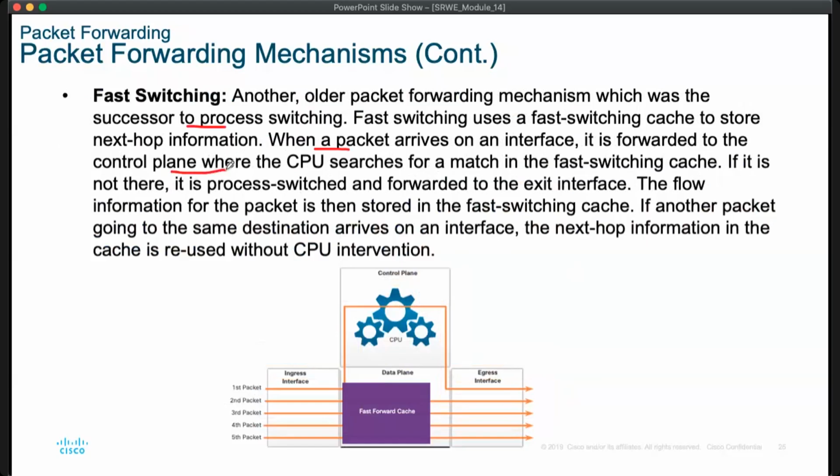If it is not there, it is process switched and forwarded to the exit interface. The flow information of the packet is then stored in the fast switching cache. If another packet going to the same destination arrives on the interface, the next hop information in the cache is reused without intervention.